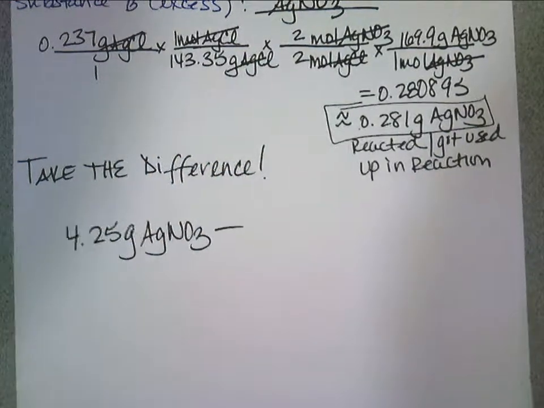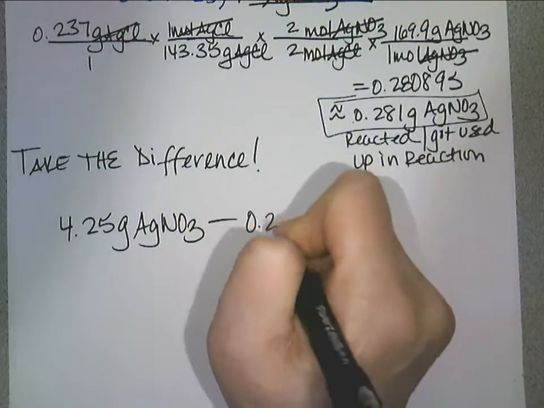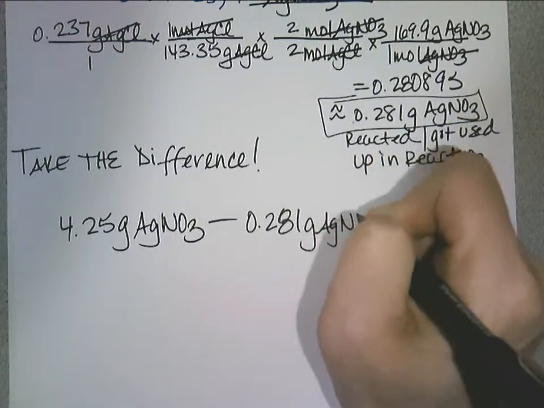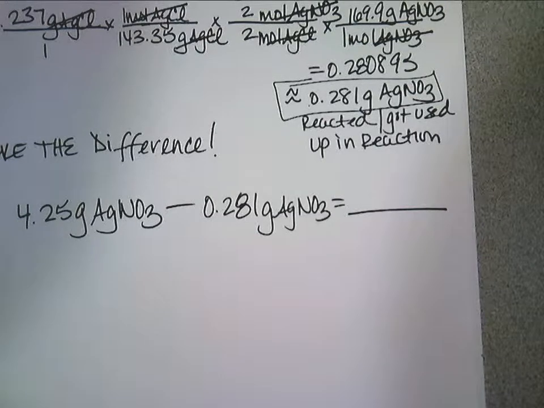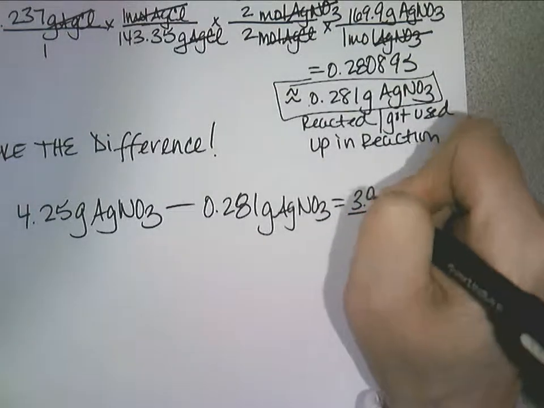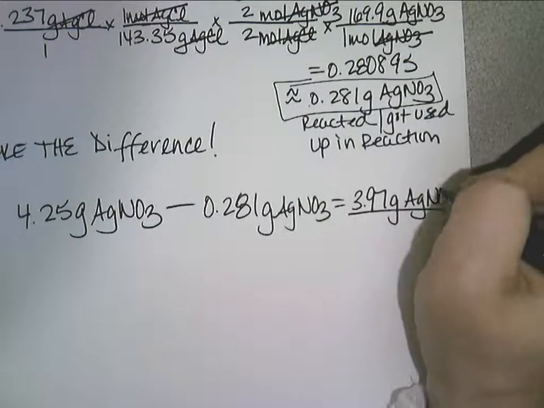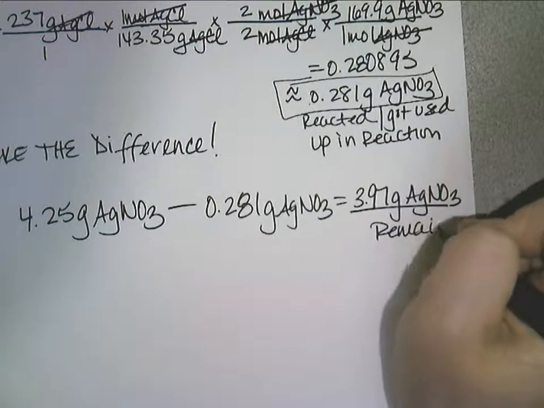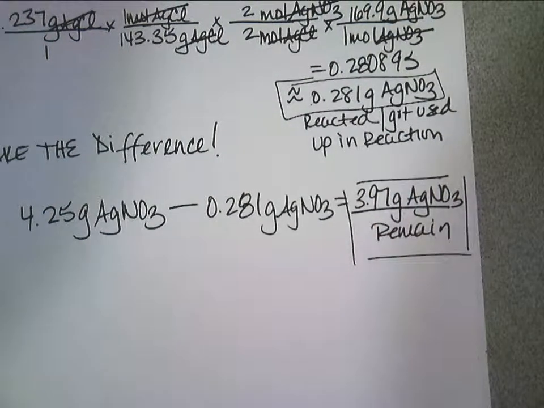We're going to subtract what got used up, which is 0.281 grams of AgNO3. And the difference is 3.97 grams of AgNO3 remain. So that's how much excess remains.